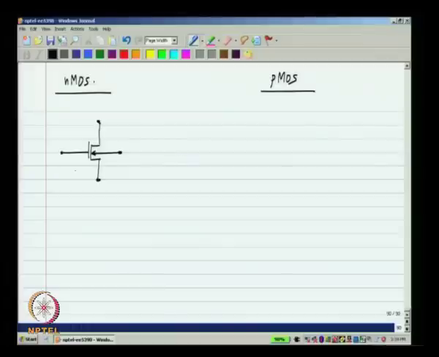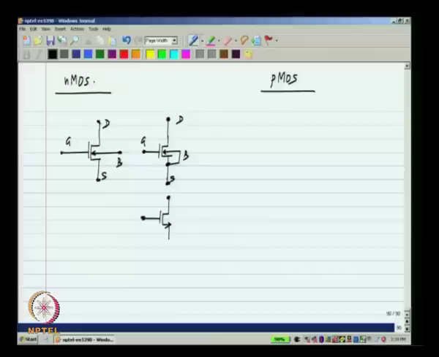This is the symbol that is used for the NMOS transistor, and sometimes the bulk is tied to the source. Okay. And in this case, many times a 3 terminal symbol is used just for simplicity. Okay.